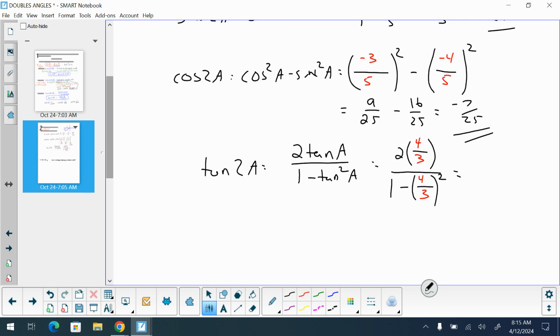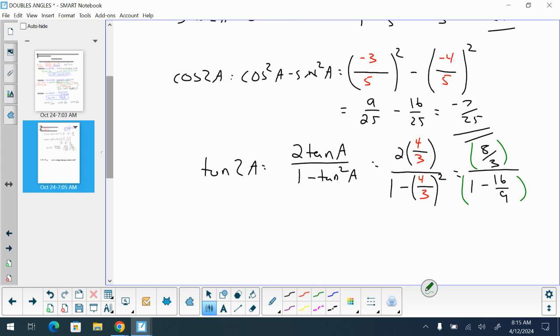Now on top we have 2 times 4/3. That will give us 8 over 3. On the bottom I can square my bottom. I have 16 over 9. Now once again, if you want to, you can type the quantity of the top, divided by the quantity of the bottom, hit your math button, hit enter, and it will simplify your fraction for you.